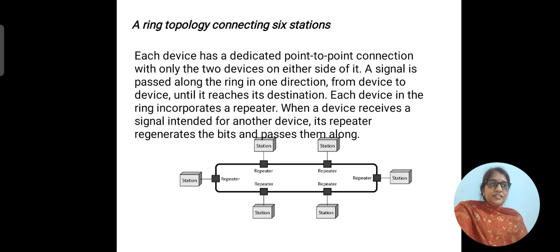A signal is passed along the ring in one direction until it reaches its destination. Each device incorporates a repeater, which regenerates the bits and passes them along.